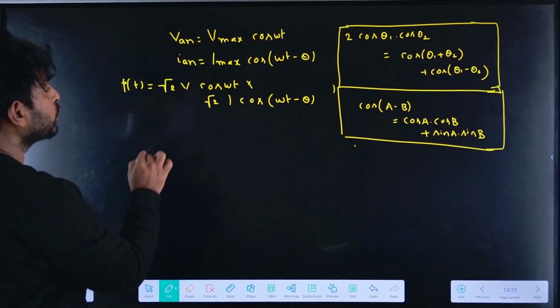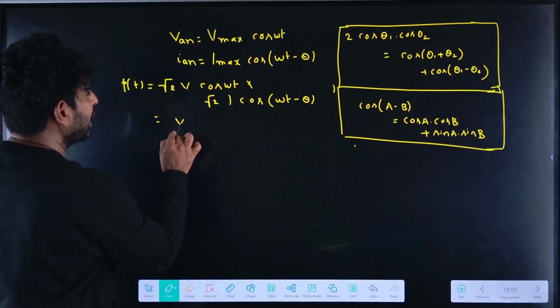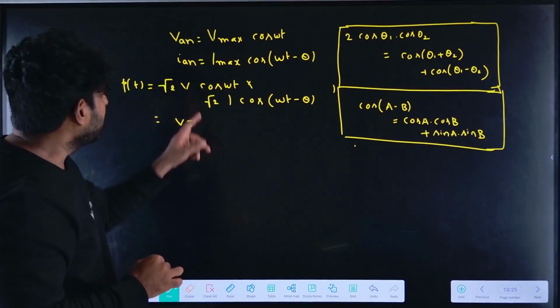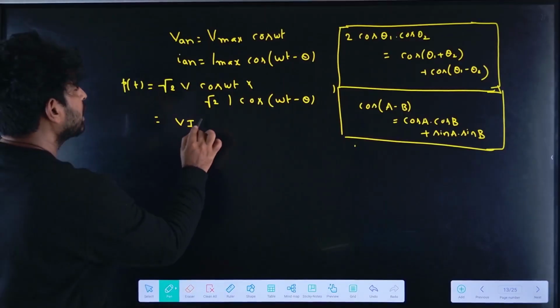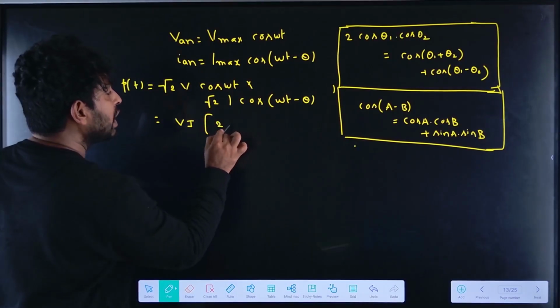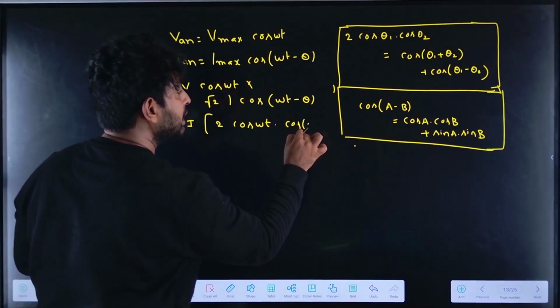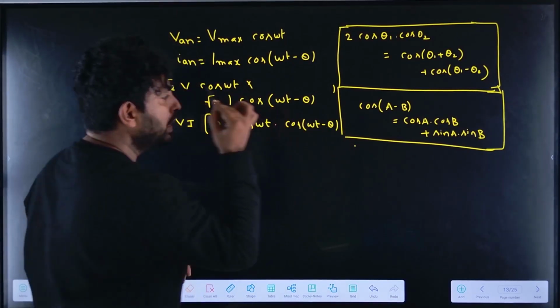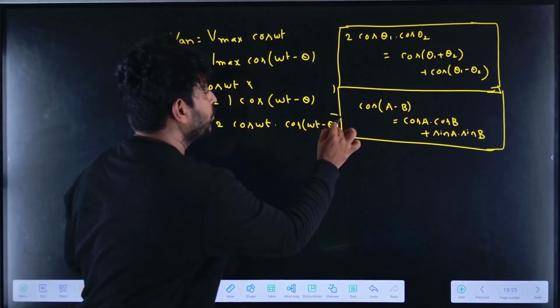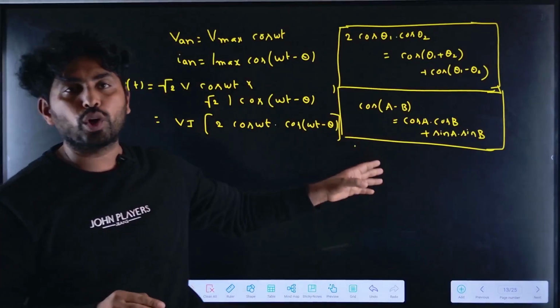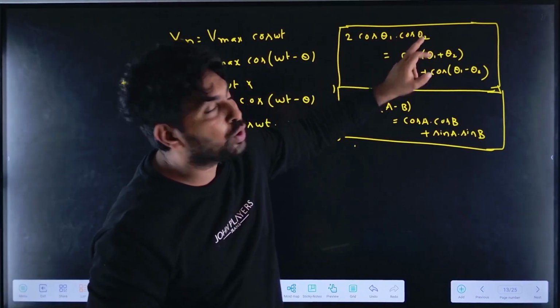How can we solve this one? Which is equal to V into I into 2 cos omega t into cos omega t minus theta. What is the formula for 2 cos theta 1 into cos theta 2?